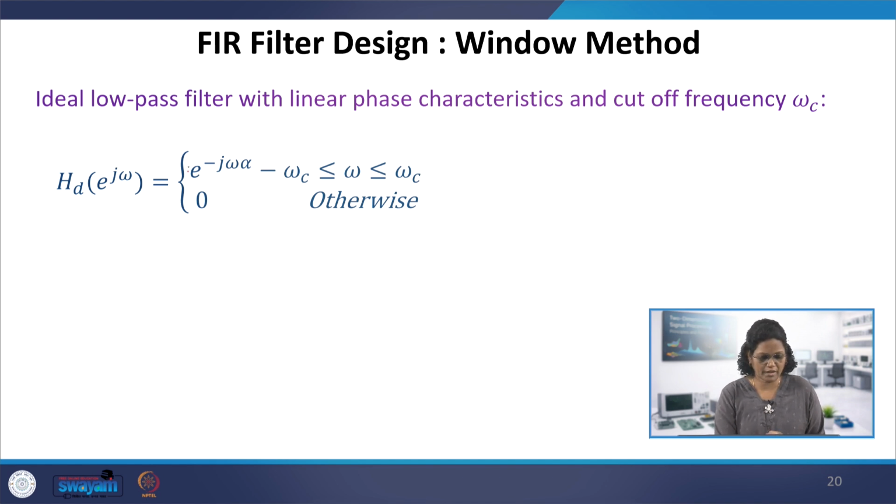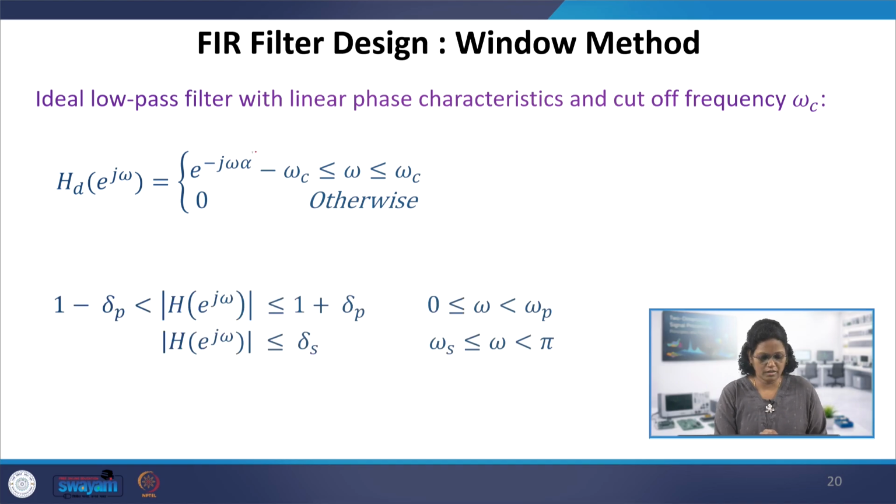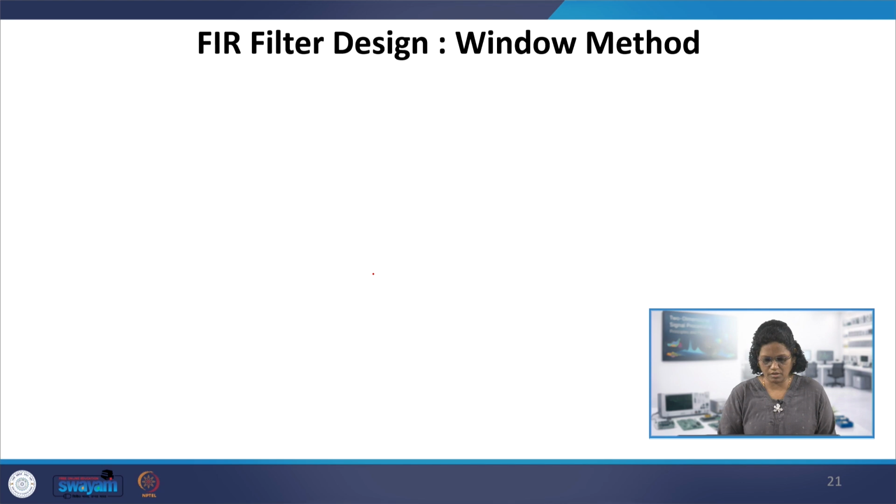The magnitude is 1 for the filter, and the phase angle depends on the slope of omega alpha. This is for the region of minus omega c to plus omega c, that is the cutoff. In other regions it is 0. So 1 minus delta p to 1 plus delta p are the ripple magnitudes allowed in the pass band, and in the stop band the ripple allowed is delta s. These are the specifications of this ideal low pass filter.